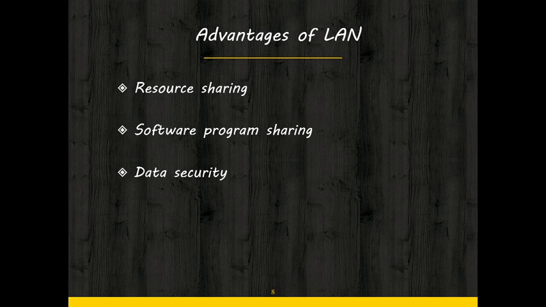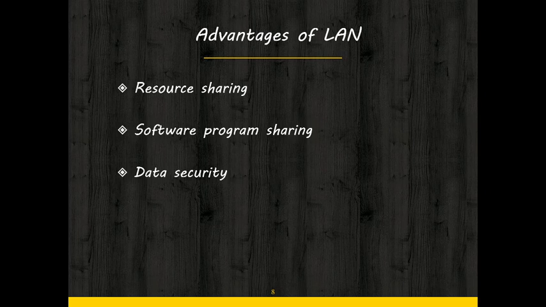All the hardware resources like printers, fax machine, hard disk are attached to one network, and if any computer or any users need any of these devices, these resources, then it can be shared with the required computer in this network.